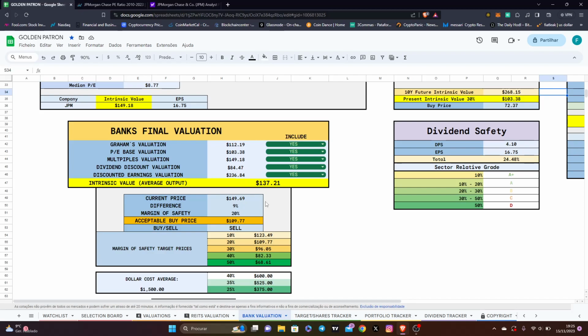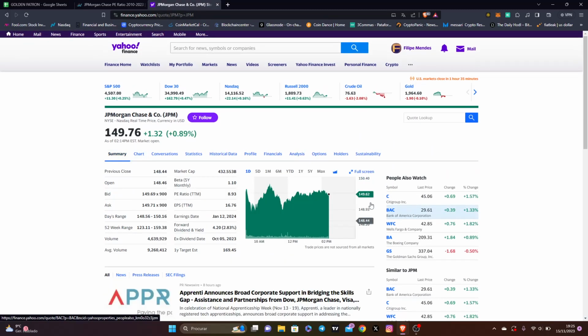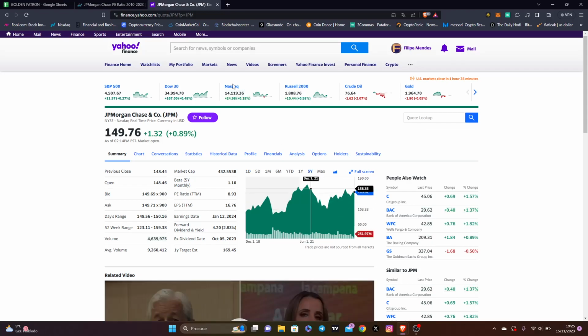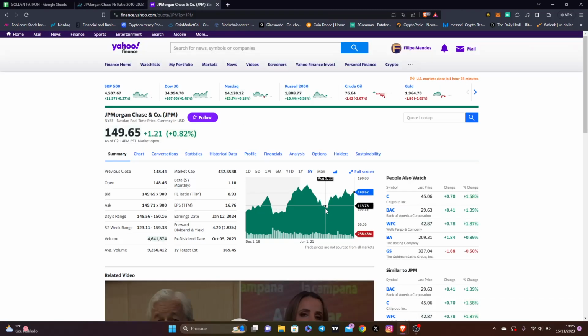So if we were to consider buying shares of Bank of America, we would want to see it at least at 109. We would want to see it come down to $109. We can come here and see when it ever reached 109.